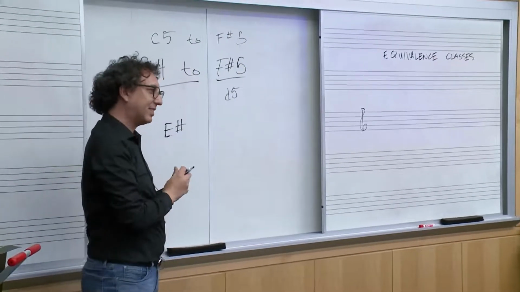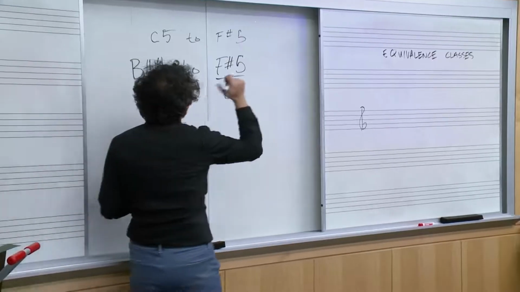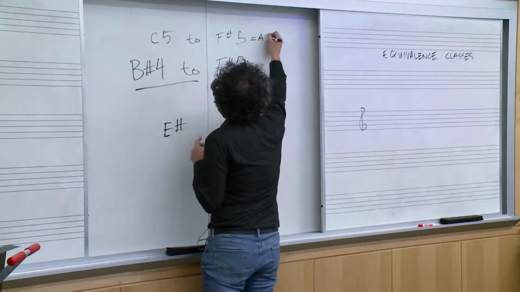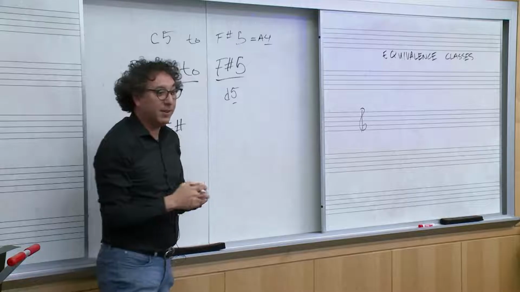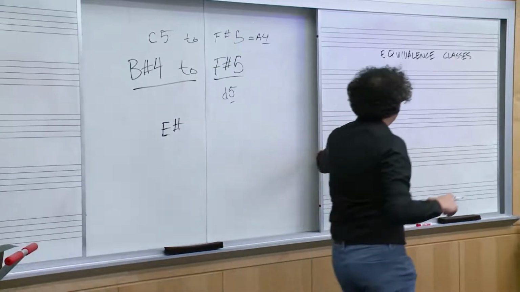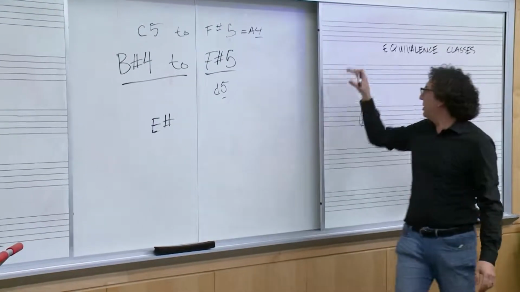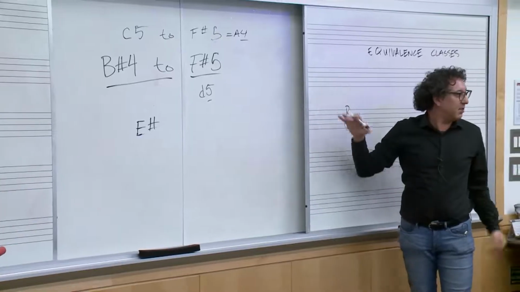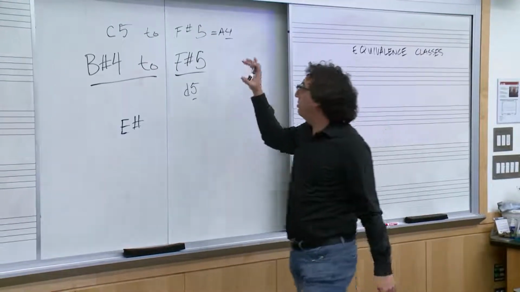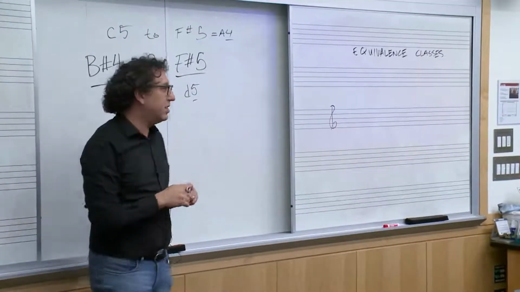Anybody? Augmented fourth. Good. So the 4 and the 5 are changed around based on the number of steps in the spacing, which you all did great on. But now we have a different problem.